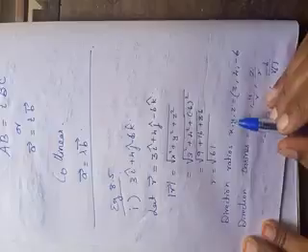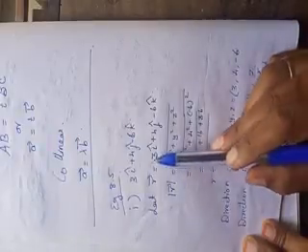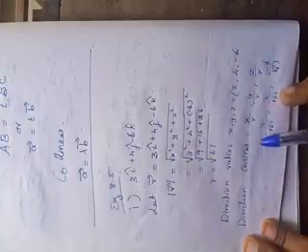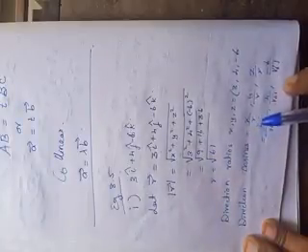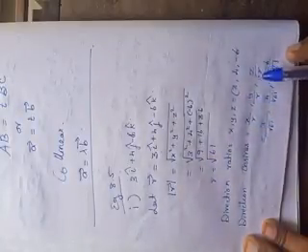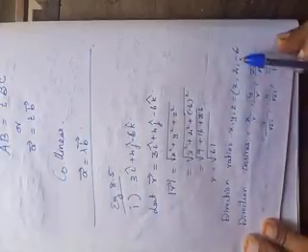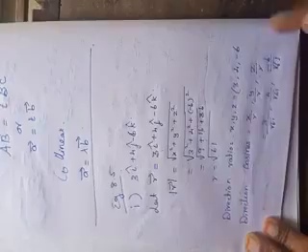So, direction ratios x comma y comma z equal to the coefficients 3 comma 4 comma minus 6, and direction cosines x by r comma y by r comma z by r, that is 3 by root 61 comma 4 by root 61 comma minus 6 by root 61.